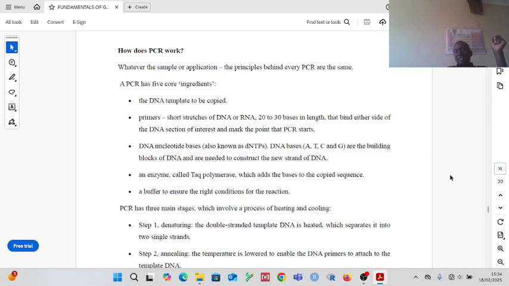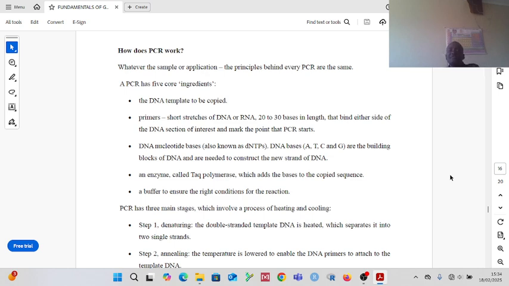The work of that enzyme is to do the elongation, to add the DNA nucleotide bases as it constructs the new strand of DNA. Then the final requirement is the buffer. Its main role is just to ensure that the right conditions are available so that the reaction can take place. So let's see the three main stages of PCR.